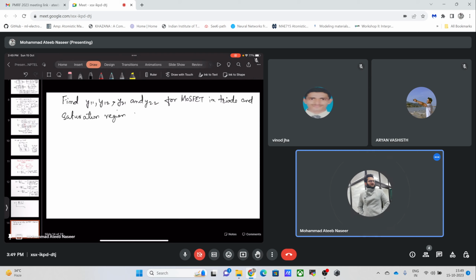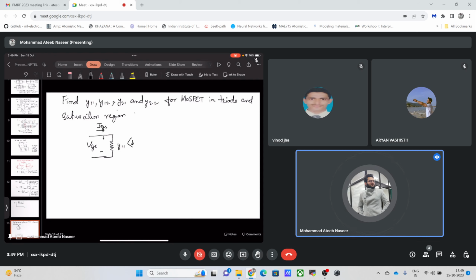Now, let us say that we are using these equations. This is our model: y11, this is the small signal gate to source voltage, this will be our IGS.